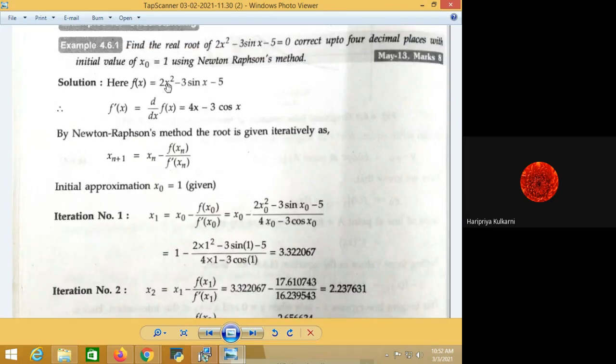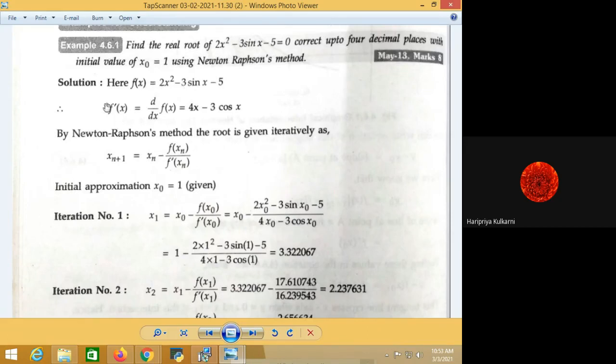So put x as 3.322067 in your calculator and find 2 into 3.322067 square minus 3 into sine of 3.322067 minus 5. So you will get f of x1.